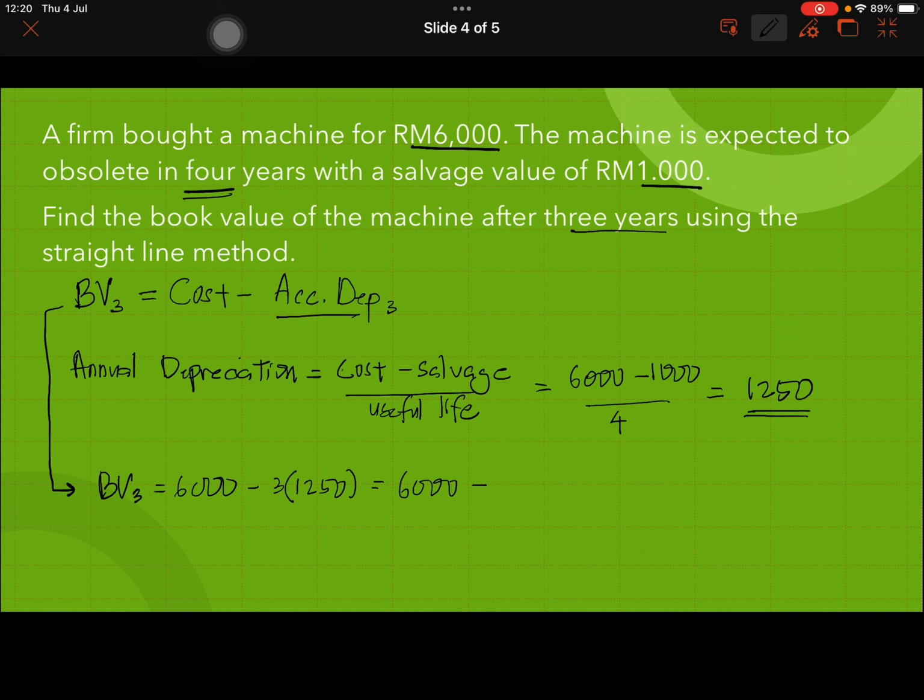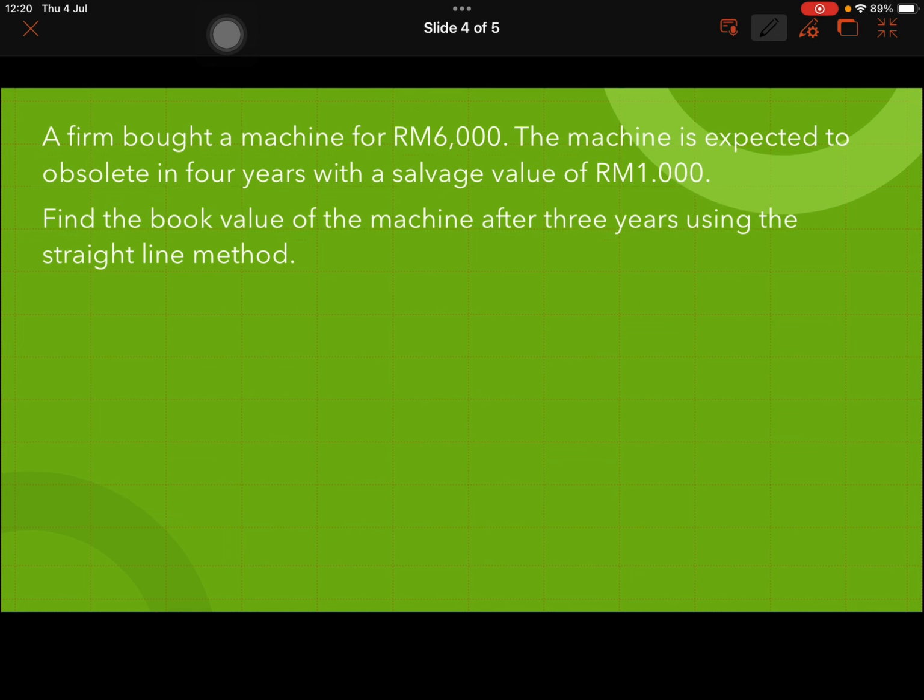You should get 3,750, so quickly you get 2,250. That is your book value at the end of year 3. You can see how we use the formula quite easily, because of the nature of the straight line method itself.